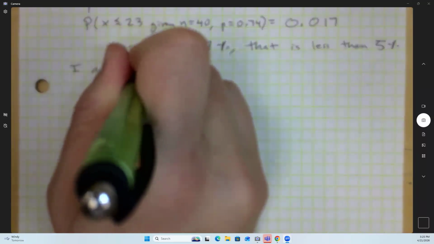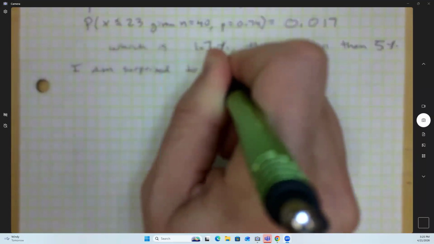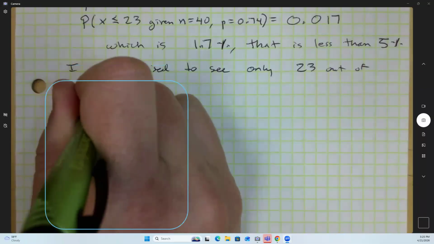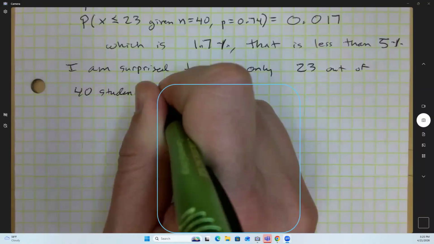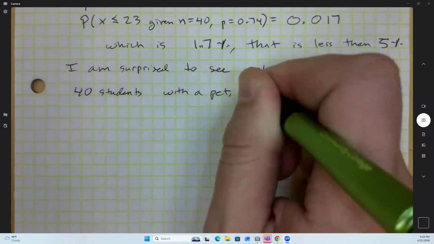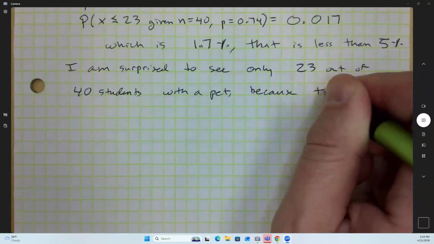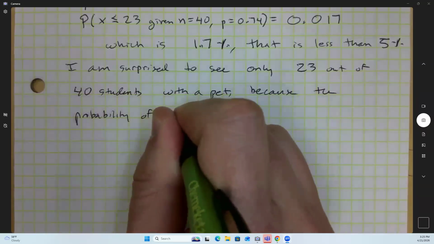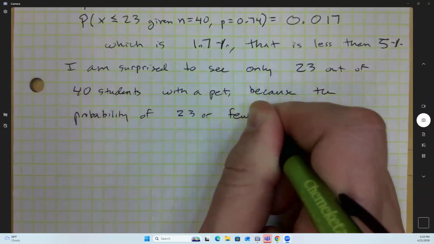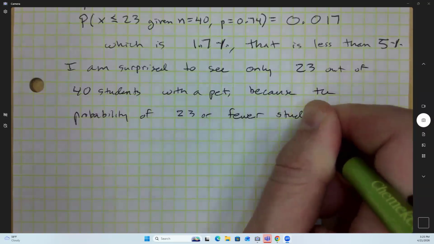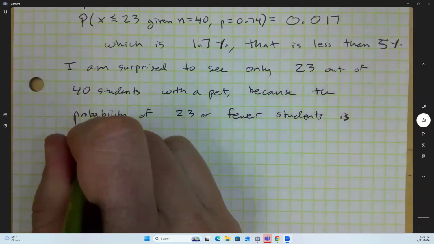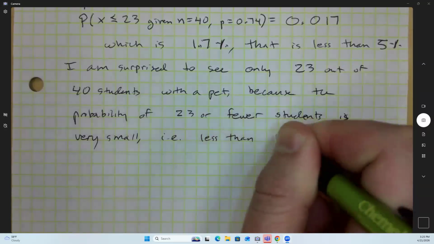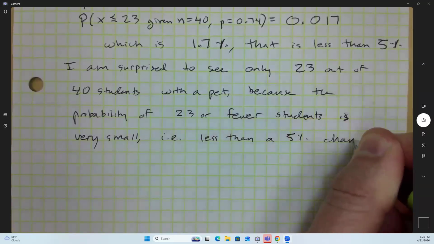I am surprised to see only 23 out of 40 students with a pet because the probability of 23 or fewer students is very small, i.e. less than a 5% chance.